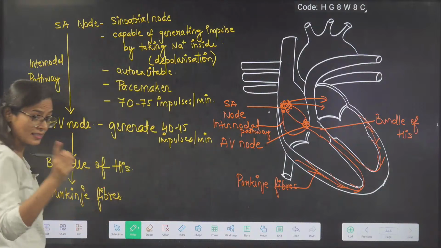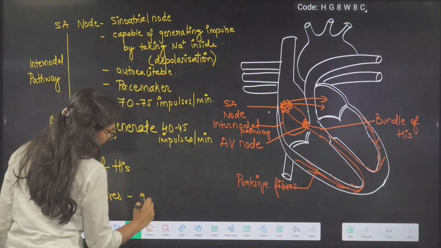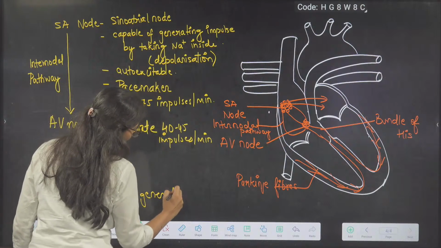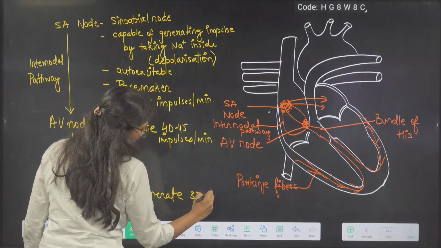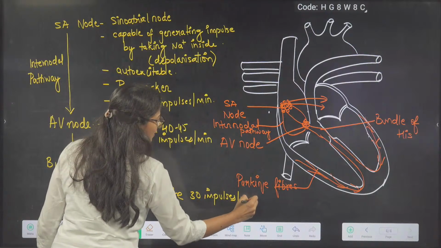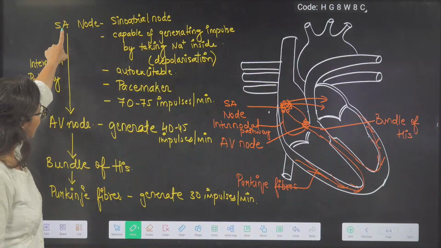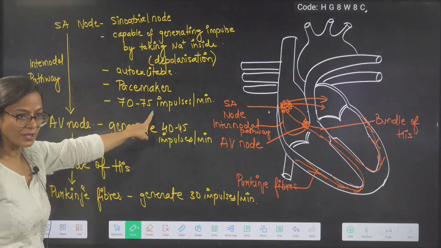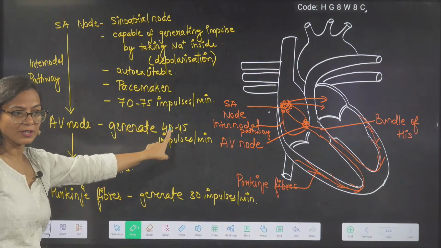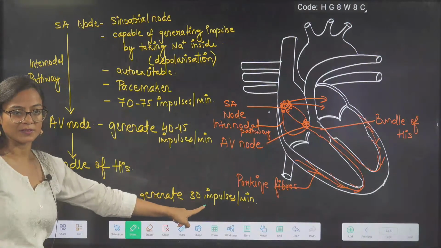And not just that, Purkinje fibers are also auto-excitable. Even these can generate around 30 impulses per minute. But see, what I have written: SA node can generate 70 to 75, AV node 40 to 45, and Purkinje fibers 30 impulses per minute, right?